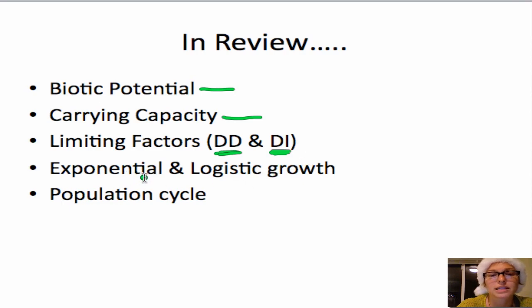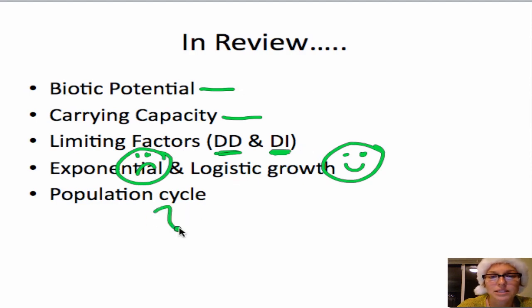Then we looked at exponential and logistic growth. Logistic growth would be a little more ideal if we realized our carrying capacity and sustained ourselves below it. And exponential growth is what humans are experiencing, and that's when we have that population cycle of overshoot and collapse, which seems like a very volatile, very sad world.